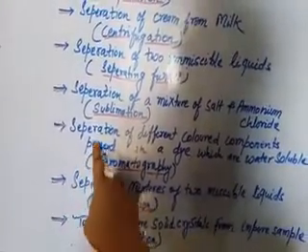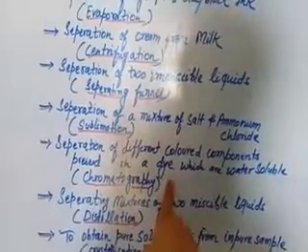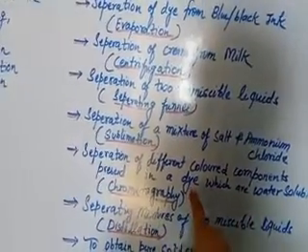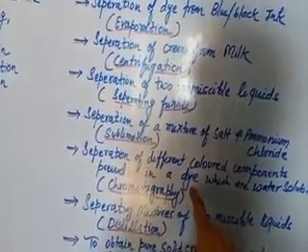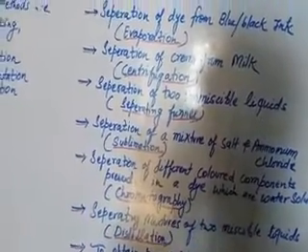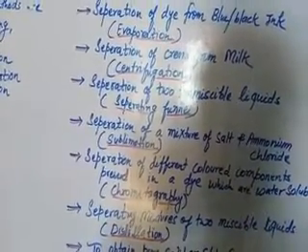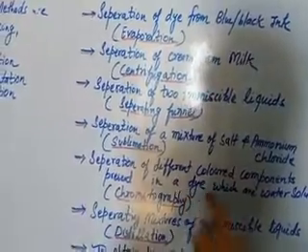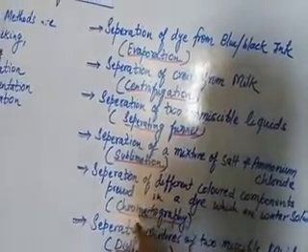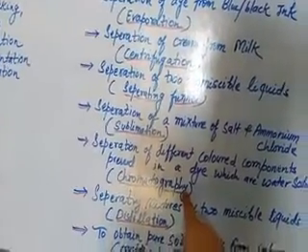Next one is separation of different colored components present in a dye which are water soluble. You should know that a dye is made up of a mixture of different colored components. So how can we separate out those different colored components from a dye which are all water soluble? This can be done by one special technique called chromatography.